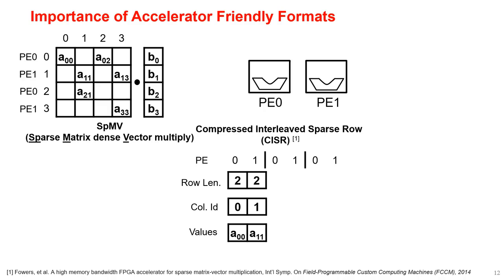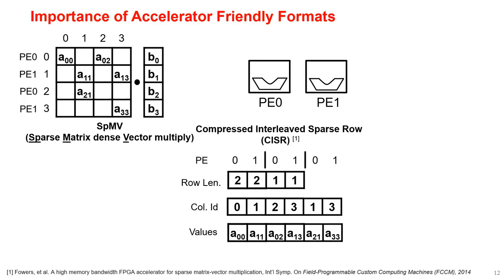For example, the first non-zero entries from P0 and P1 are A00 and A1, and hence these are assigned to the values array. The corresponding column indices are then written to the column ID array, and because row 0 and row 1 are the first two rows assigned to P0 and P1, the length of those rows is also written to the row length array. In the next step, the next available non-zero entries from P0 and P1, which are A02 and A13, are written to the values array, and the corresponding column indices are written to the column ID array.